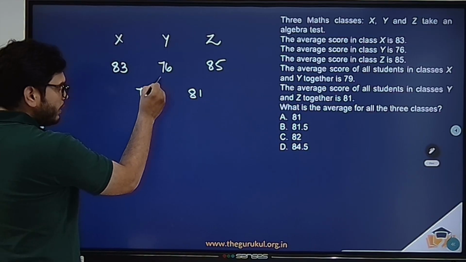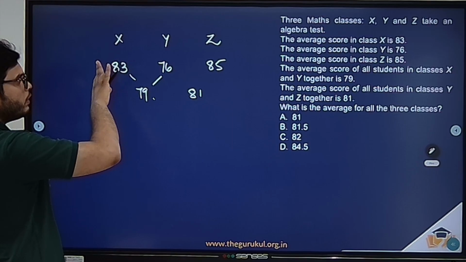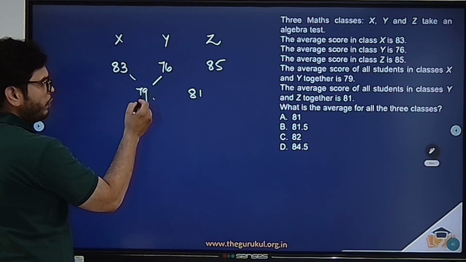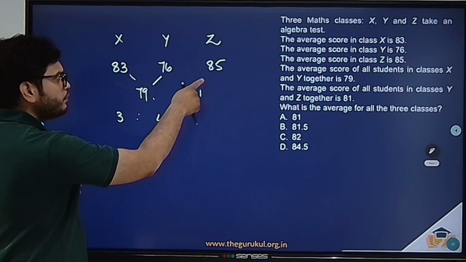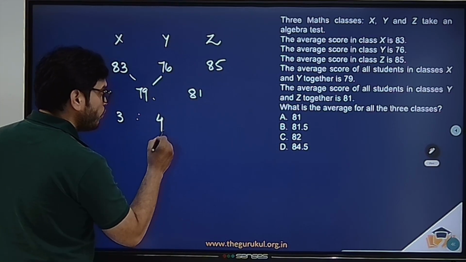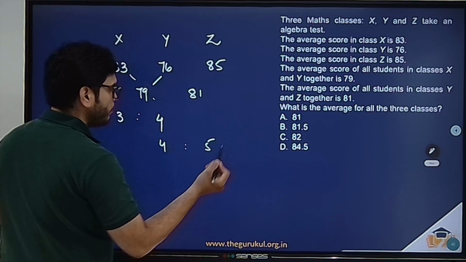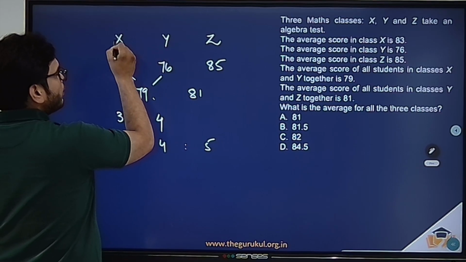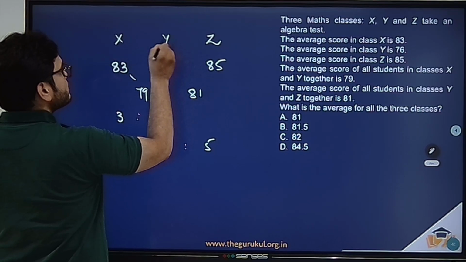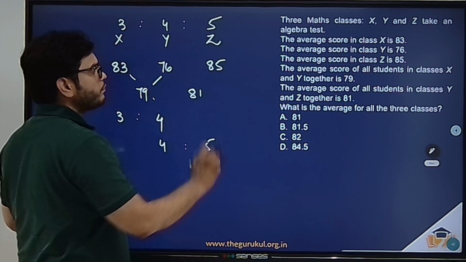Now applying alligation here, the ratio of the number of students in the classes X and Y would be 3 is to 4, and of classes Y and Z would be 85 minus 81, 4 is to 5. So the ratio of students in classes X, Y and Z is 3 is to 4 is to 5.